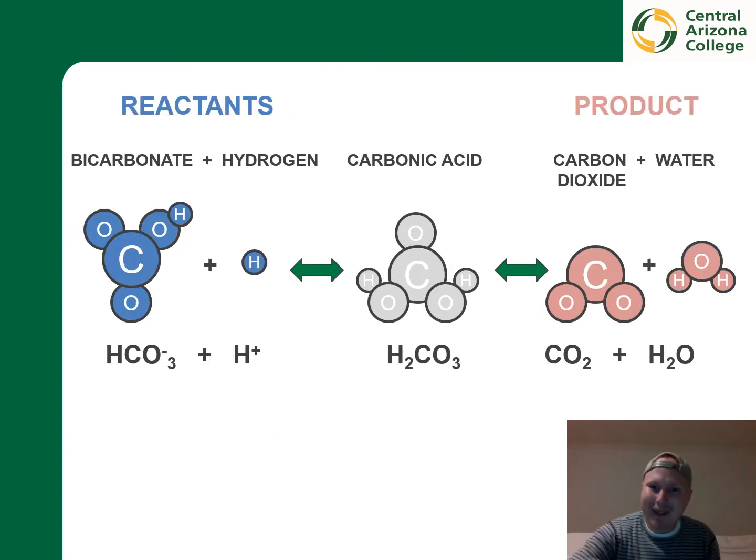Here we have the previous formula followed by one more step. Now we make as a product carbon dioxide and water. Looks pretty impressive. And as you see, this is a reversible reaction. It can go in any direction.